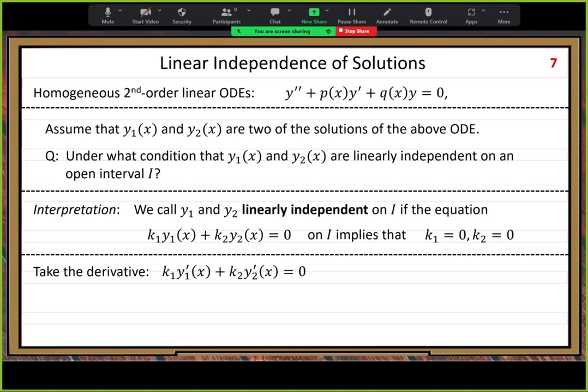Here we treat K1, K2 both as unknowns. In order to determine two unknowns, do we need two completely different equations? Yes. When we start, we only have one equation, but after we take the derivative, we get a second, quite different equation. Now these two equations are sufficient to determine K1, K2.